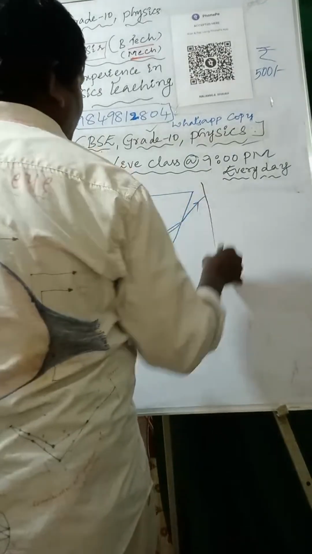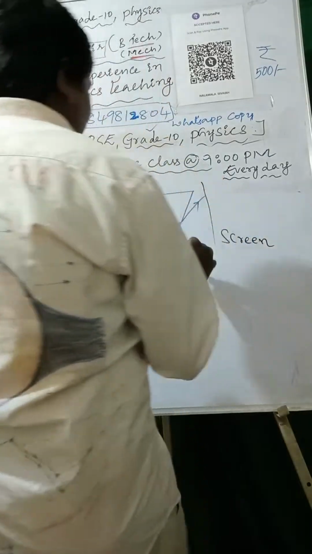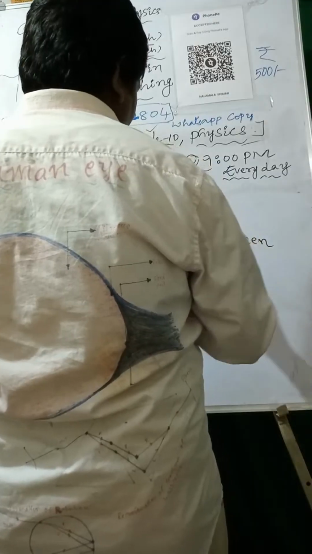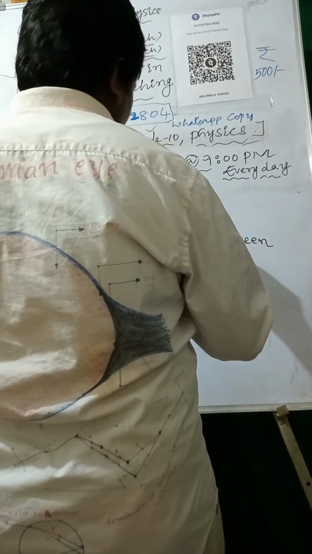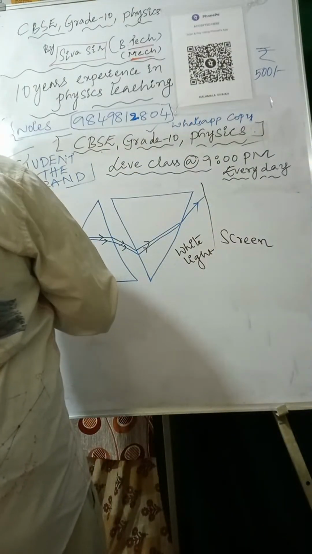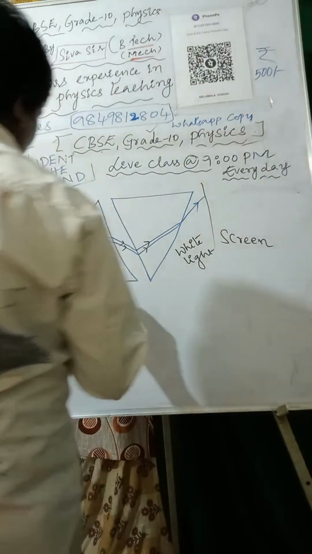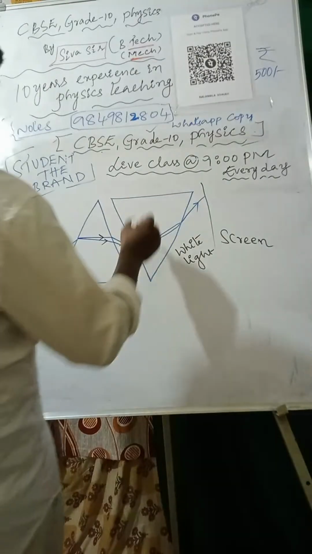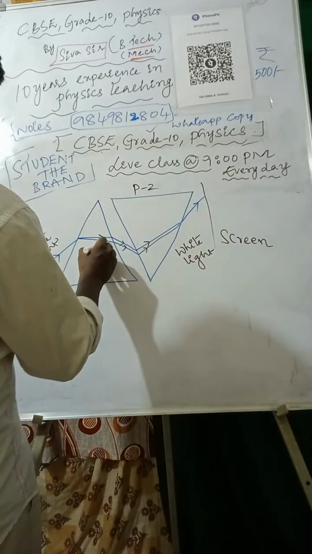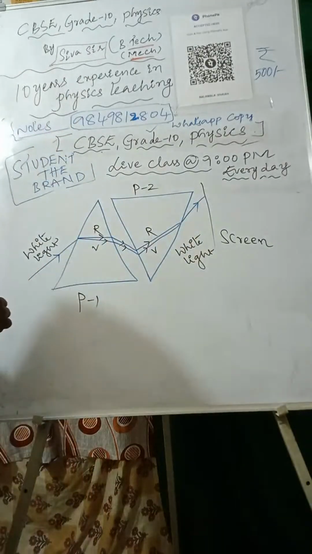Here this is the screen, white light. So prism 1, this is prism 2. Violet, red, white light on the screen.